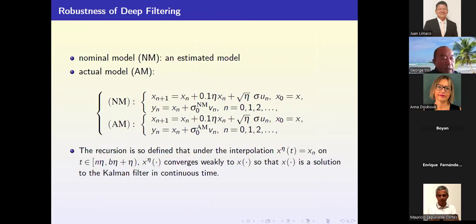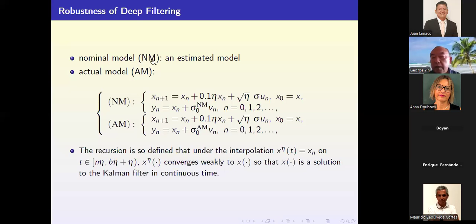I think I will have to skip the part for the degenerate case. Let me mention the result for linear filtering. For linear filtering, you have the well-known Kalman filter associated with that. So you would ask the question, how is the deep filter compared to the Kalman filter? For the Kalman filter, normally you need something to get it started.